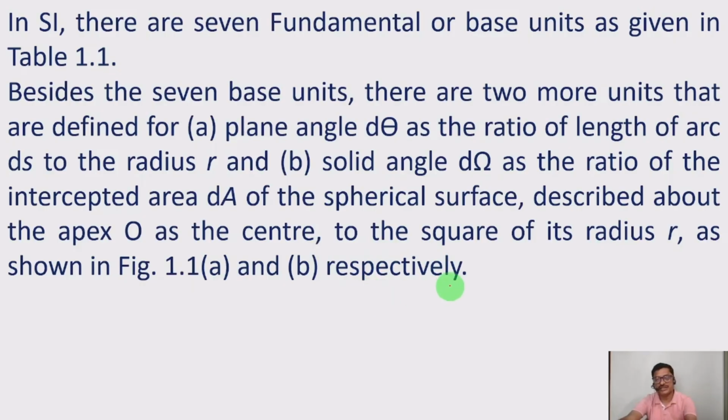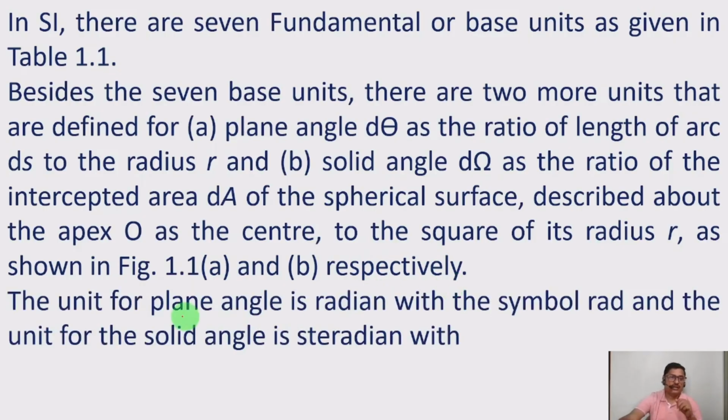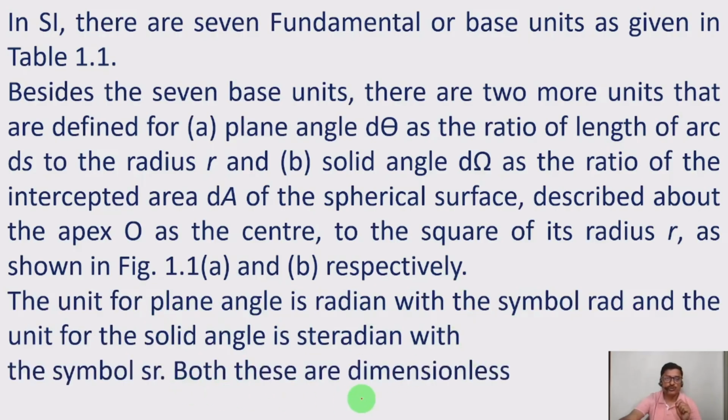That figure I will take in the next slide. The unit for plane angle is radian with symbol RAD, and the unit for solid angle is steradian with symbol SR. Both of these are dimensionless; they do not have any dimension.